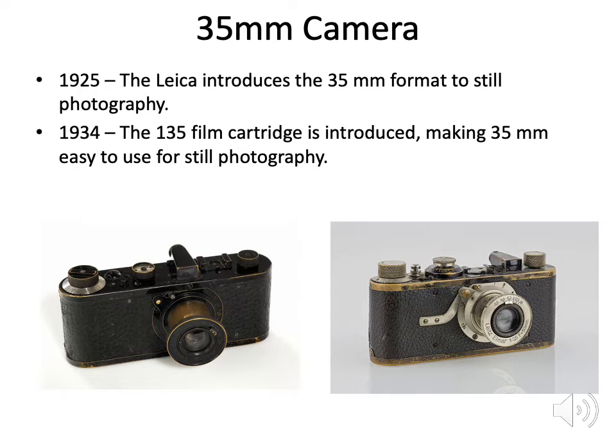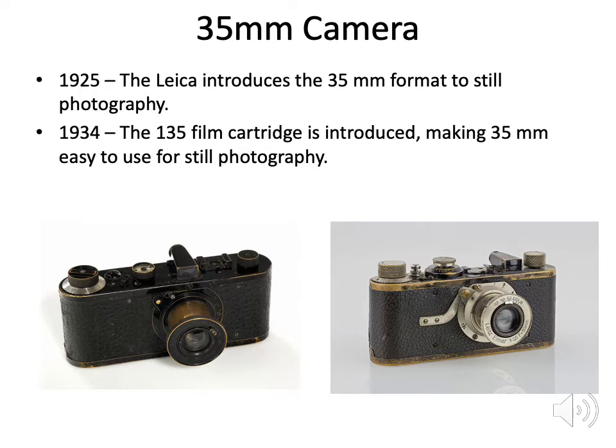In 1925, the Leica introduced the 35mm format for still photography. So those sheets of negatives that George Eastman, the Kodak company, were producing are now smaller. They're 35 millimeters wide. They're on flexible cellulose.